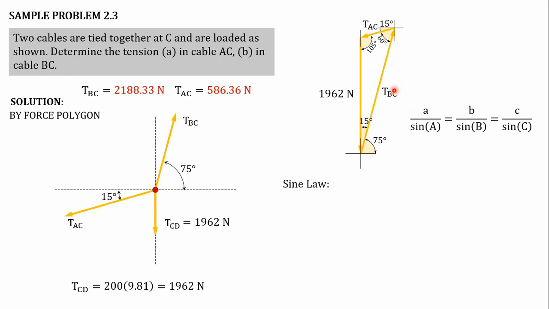The angle opposite tension BC is 105 degrees. The angle opposite the 1962 Newton side is 60 degrees.